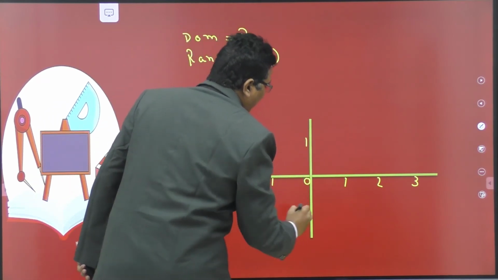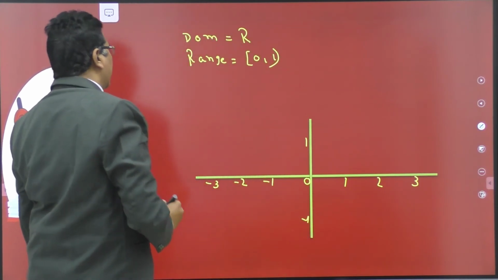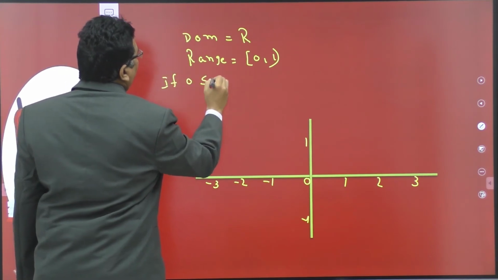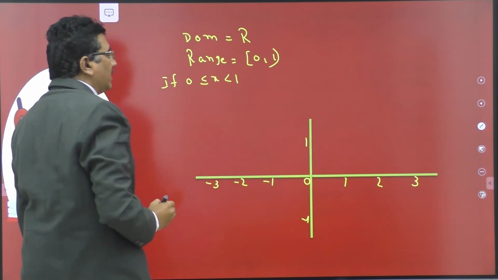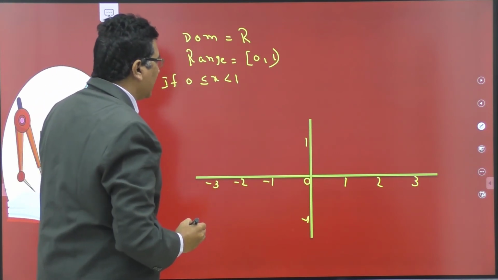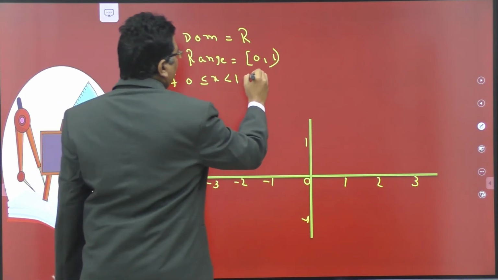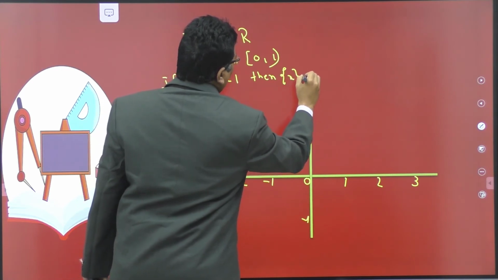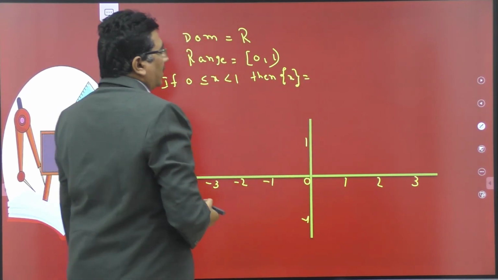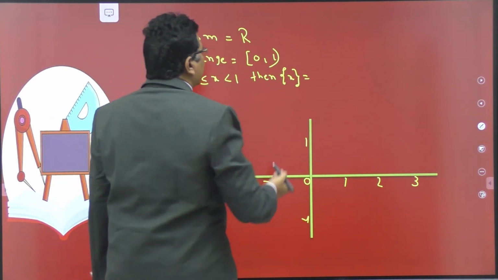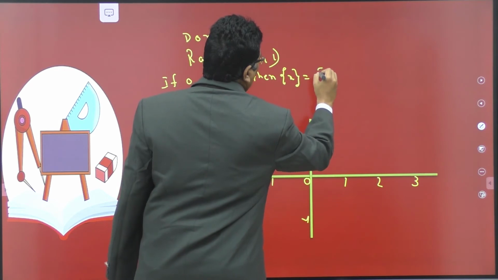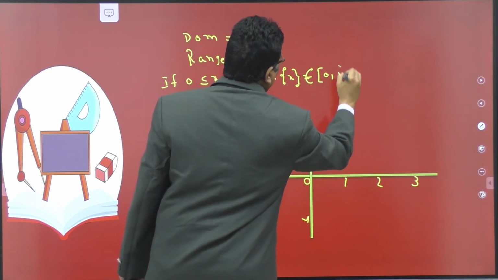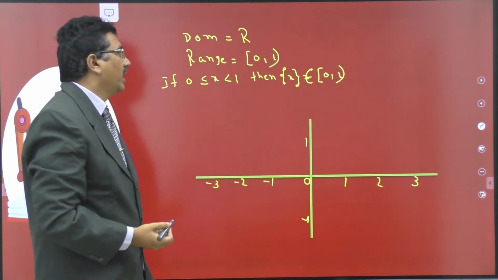If 0 less than or equal to x less than 1, then the fractional part of x belongs to the closed interval 0 comma 1.